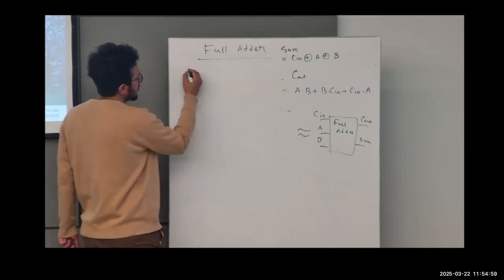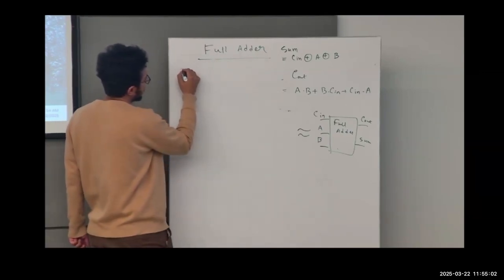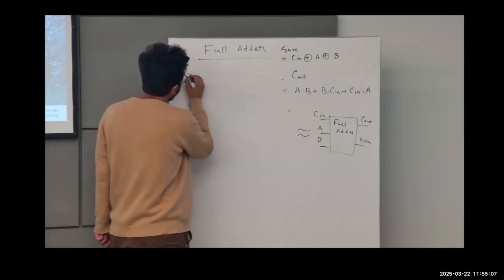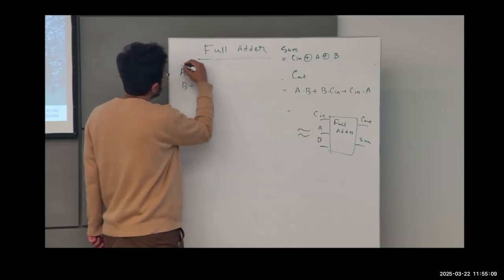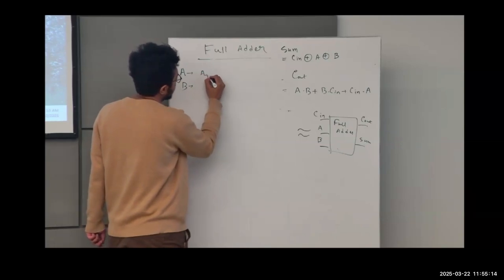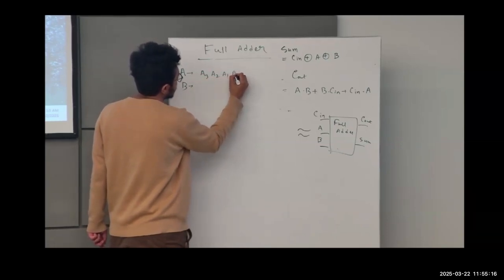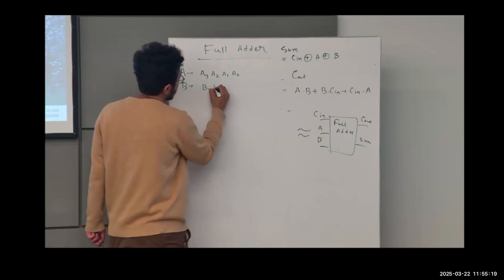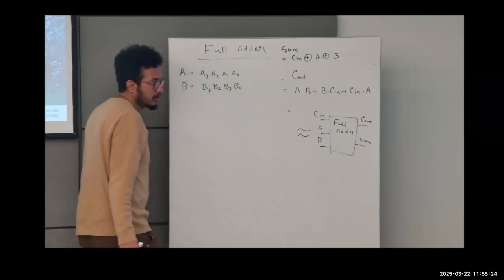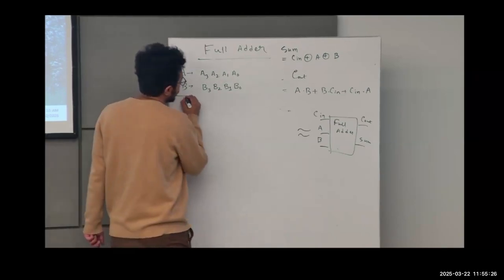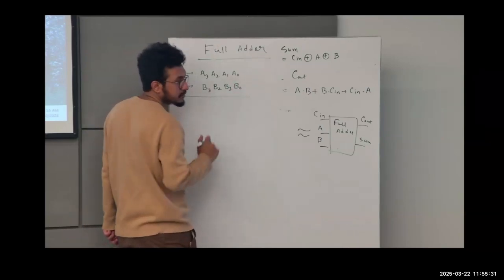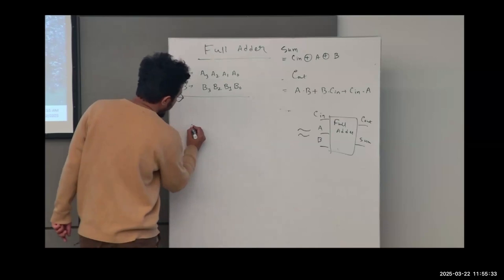So for example, we have two numbers, let's say number A and number B, okay? Let's assume for now all of them are 4-bit numbers. What we want to do is add these two. Add A naught and B naught. So let's draw a full adder.